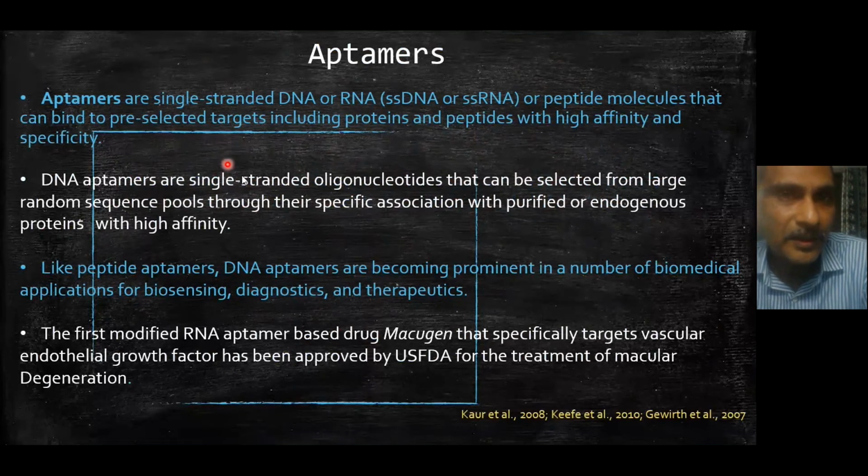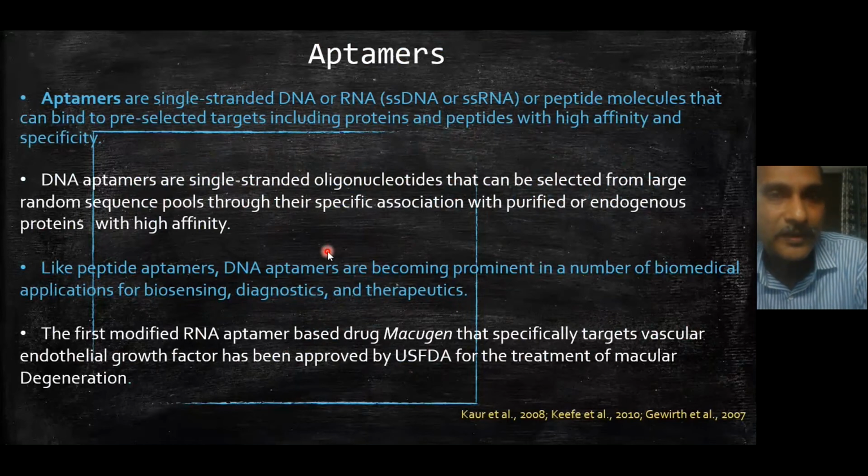And also, right now, several aptamers are in clinical trials for different diseases. And also, the first modified RNA aptamer based drug, which is called Macugen, is already in the market. It is an FDA approved aptamer, which is used for treatment of macular degeneration. Okay, so several aptamers are in the pipeline, and they will soon be used for different diseases.